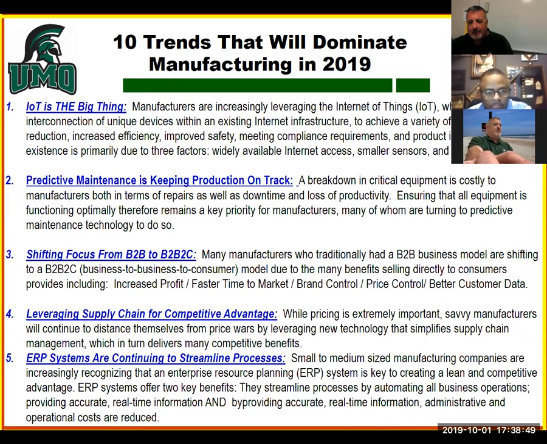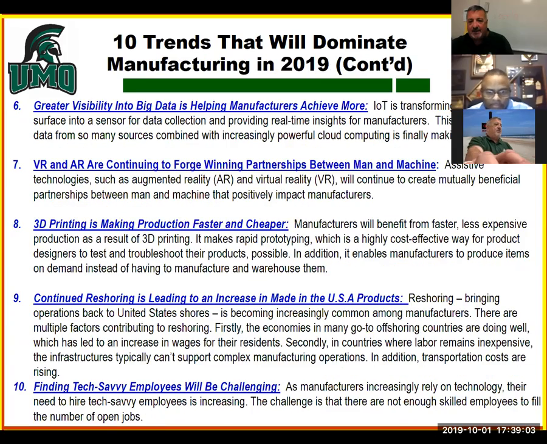Predictive maintenance, in other words, a piece of equipment that tells you it's about ready to fail. We already see that. Caterpillar does that. Right. Business to business to consumer, supply chain and the like. So I'll send these slides out because we're about ready to lose our meeting time. I think I got 3 minutes left.